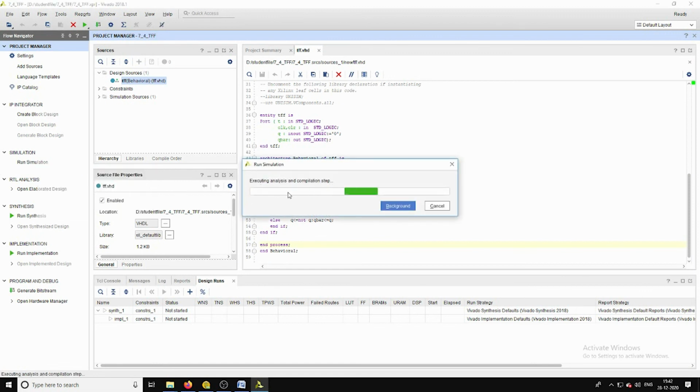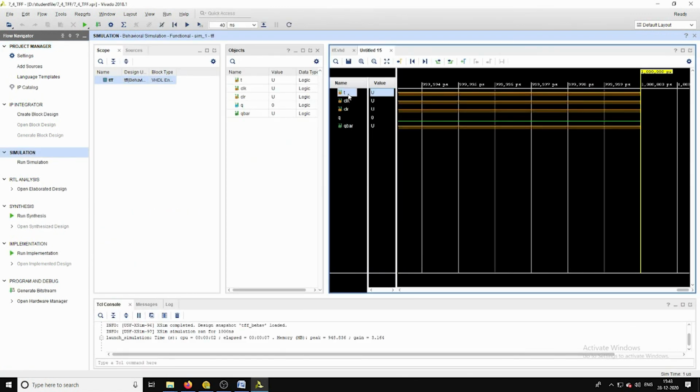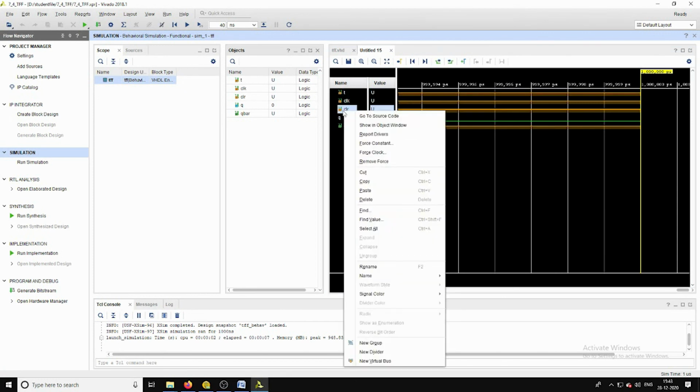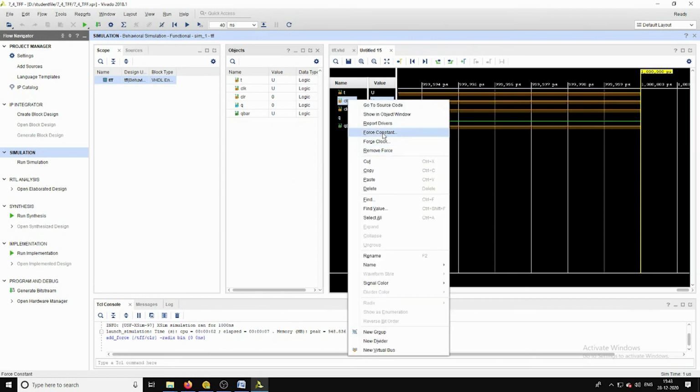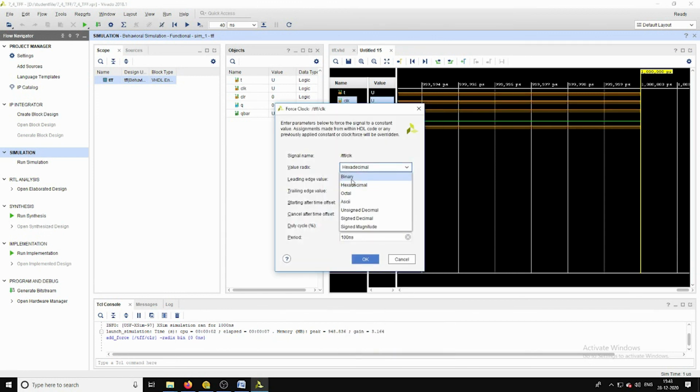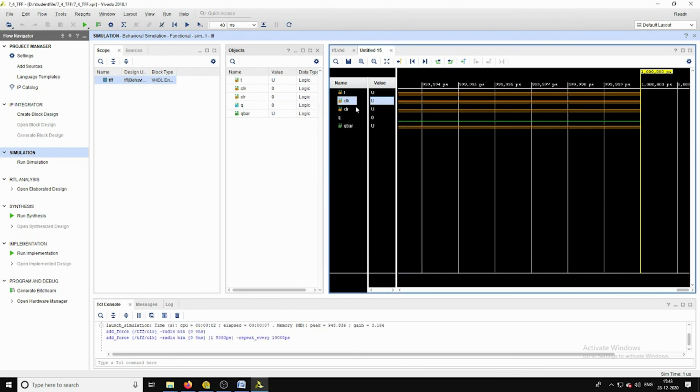And if we want to do the simulation with respect to these assigned timing values, now we can verify its output. That is, here I am assigning the clear with respect to 0 always, and the clock with this kind of pulses which have 10 nanoseconds as the period.